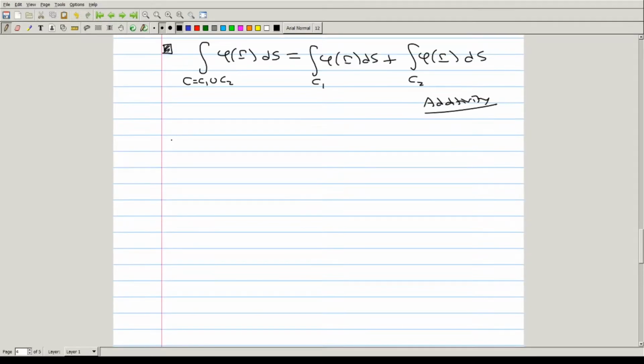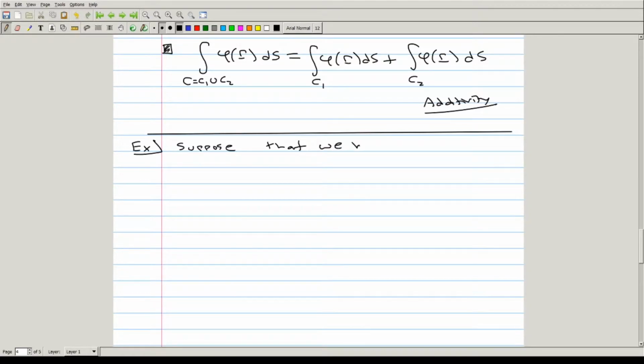So suppose that we have a helical wire with a mass density along the wire.